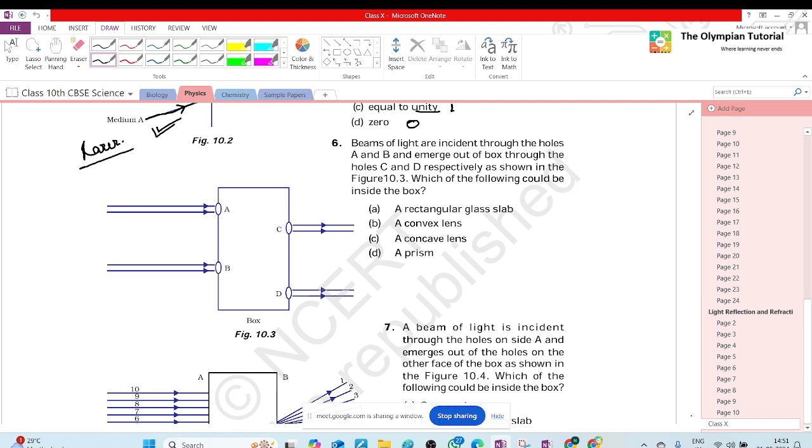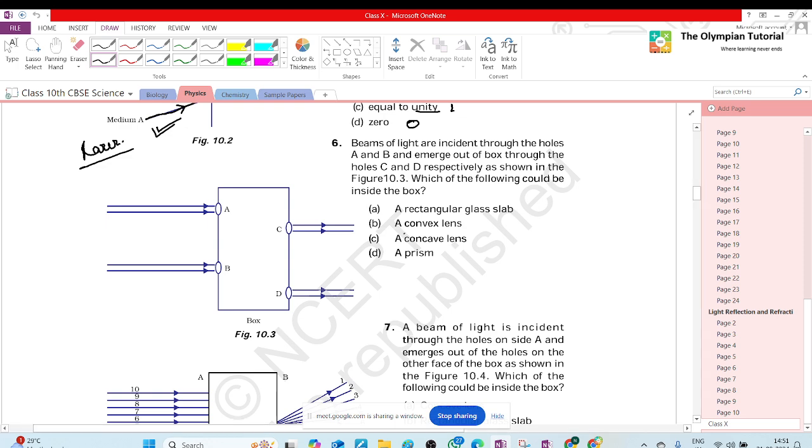Yes, it is the correct answer, but how can we say that the glass slab is the correct answer? Ma'am, because is it related to the mediums and how the emergent ray comes out? Yes, very good. The emergent ray is parallel to the incident ray in case of a glass slab.